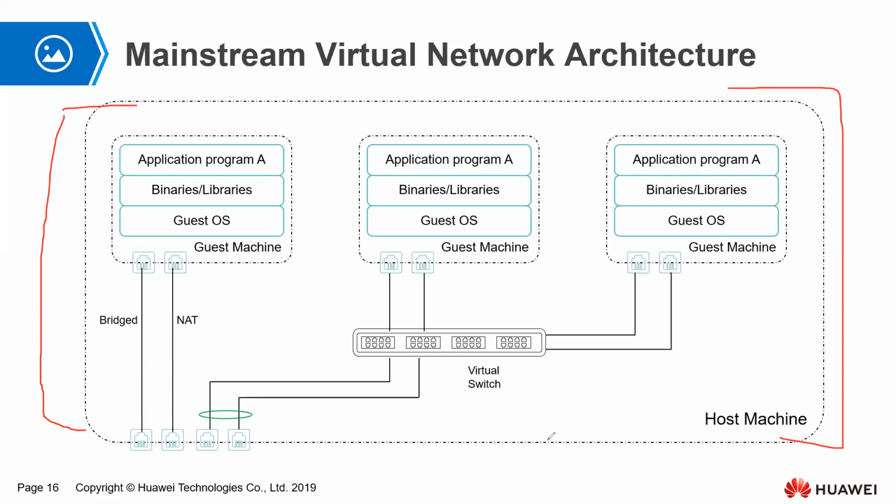This is one, this is another one here, and another one here. Usually servers have more than one, while our normal computers have one network interface card. So these are NICs, network interface cards.